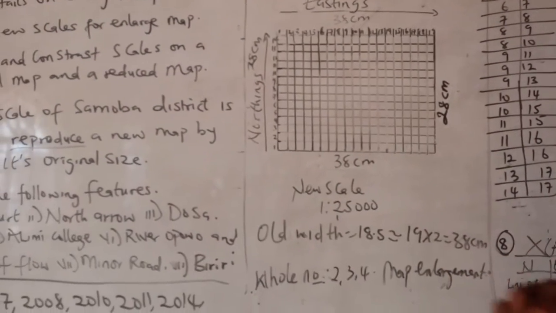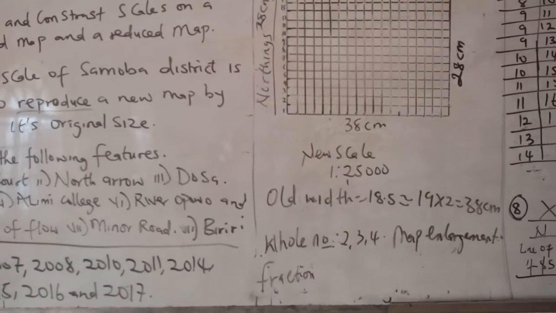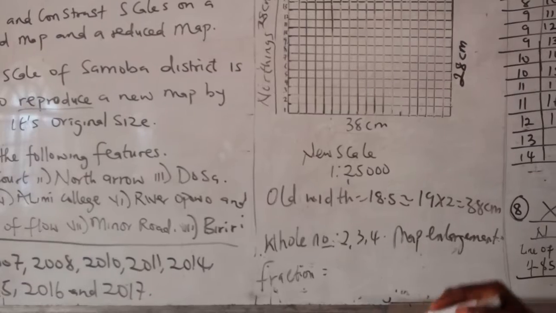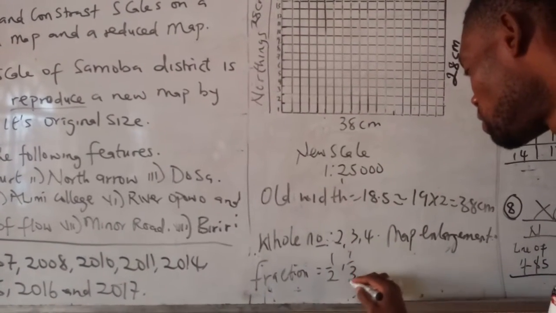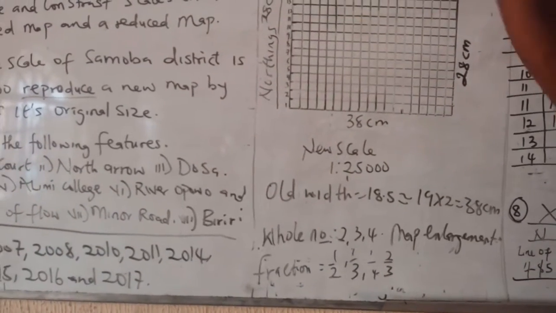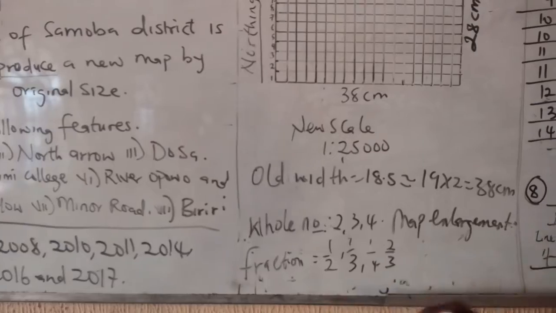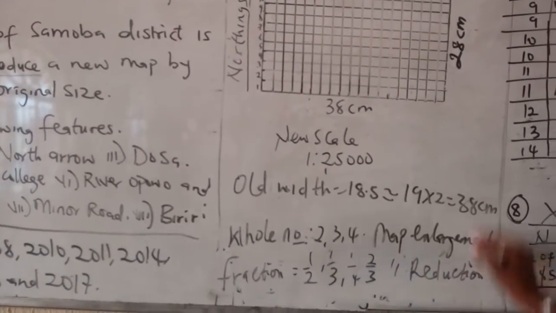But when you see a question in fraction, this is the major difference between the two. Once you see any fraction, for example, half, or 1/2, or 1/3, or 1/4, or 2/3, all these things have a numerator and denominator, which is fraction. My dear, that question is map reduction.